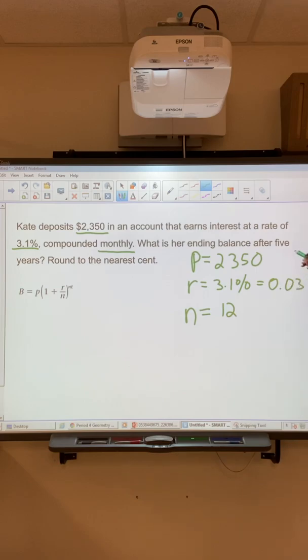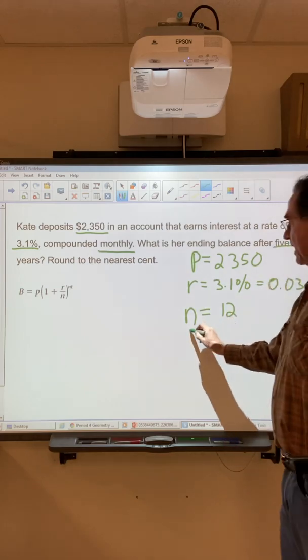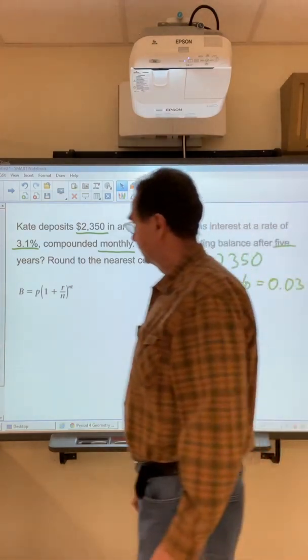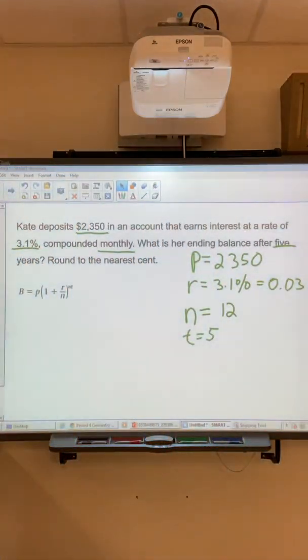What is their ending balance after 5 years? Well, time is 5. We plug those into the calculator. It says round to the nearest cent, but we always do that anyway.